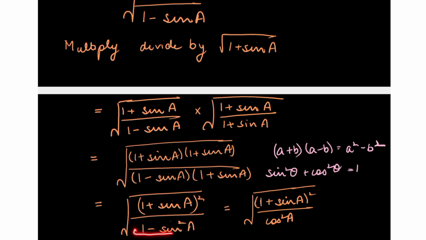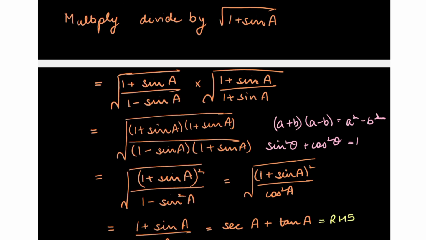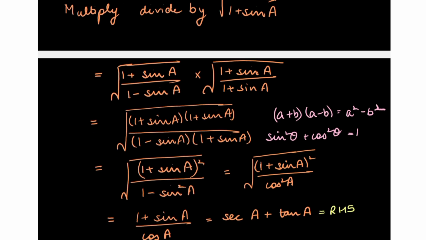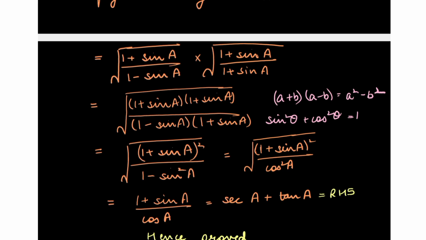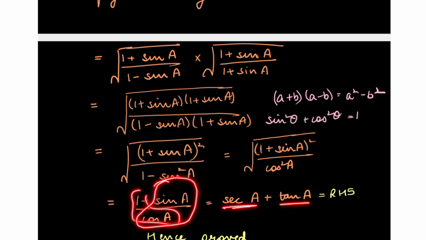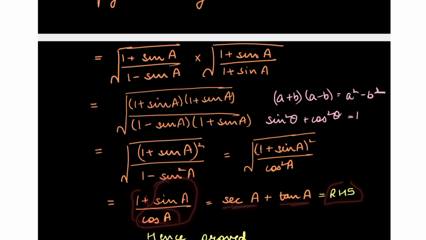And in the denominator, we have 1 minus sin square a, which is equal to cos square a, so the root also can be directly removed. So we are left with (1 plus sin a) divided by cos a. If we split the term, we get 1 by cos a, that is secant a, and sin by cos a, that is tan a, which is the right hand side that needs to be proven.